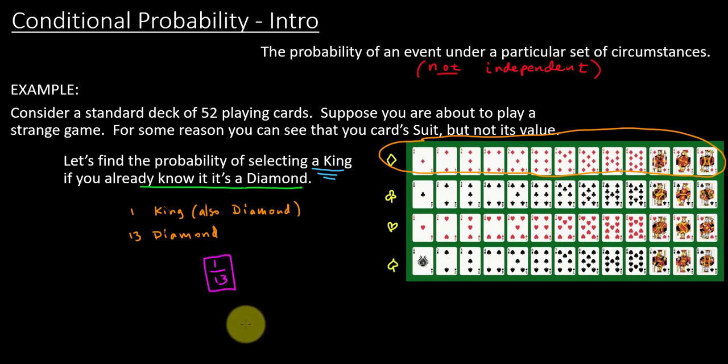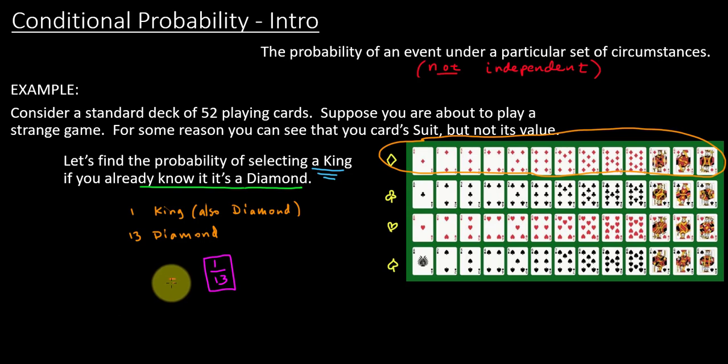Before I show you the formula, I want to walk through in an analytical approach what we just did. We essentially limited our perspective to that of only diamonds, that 13, right?